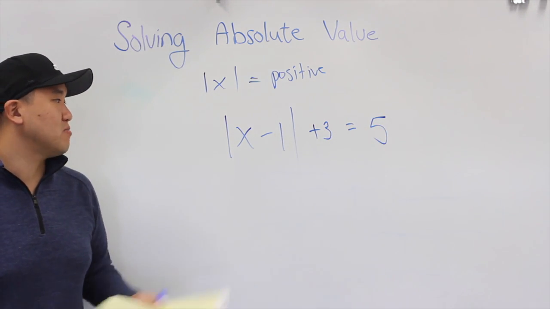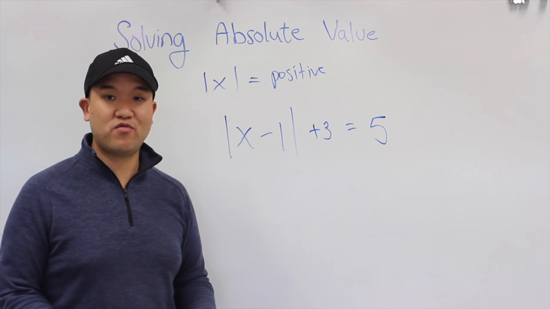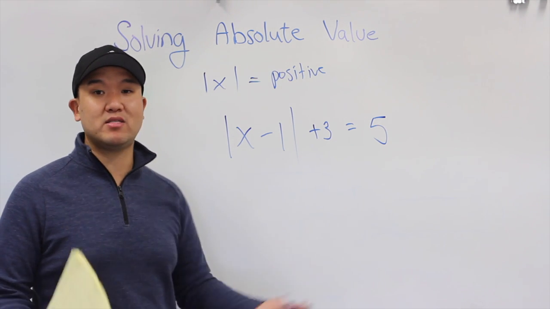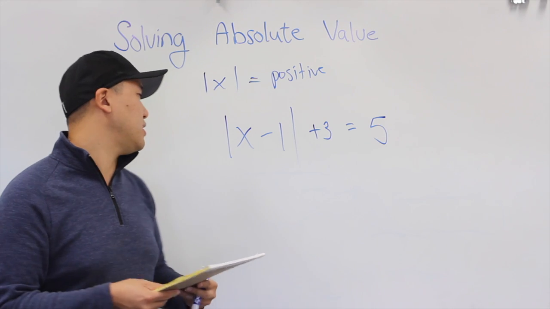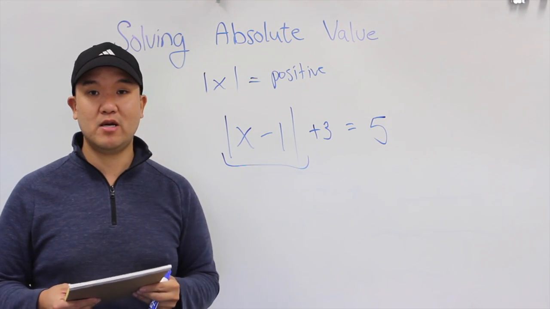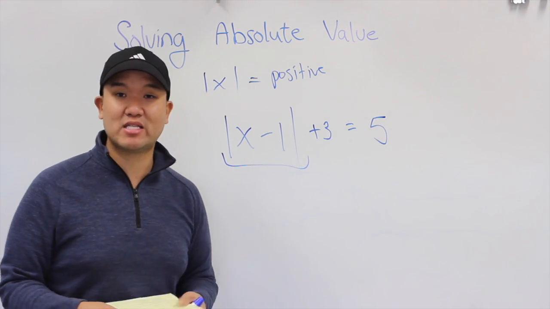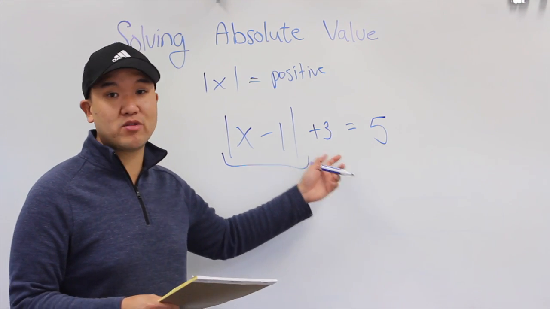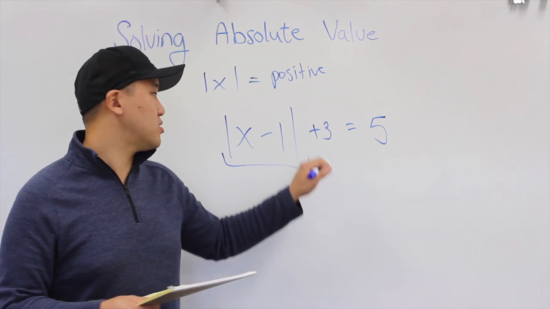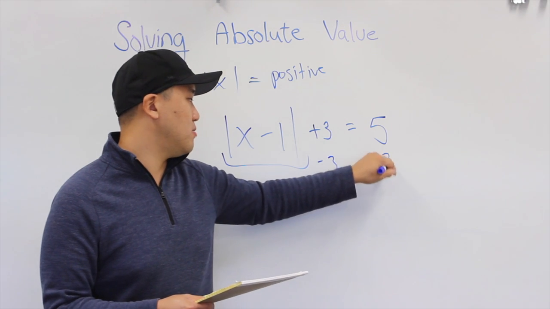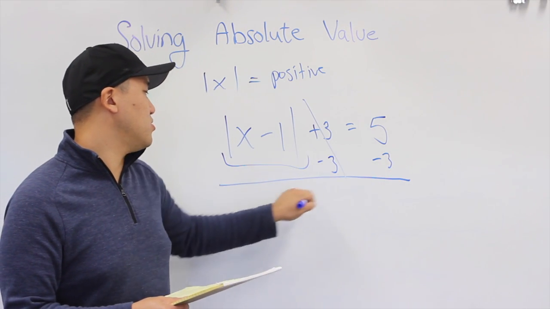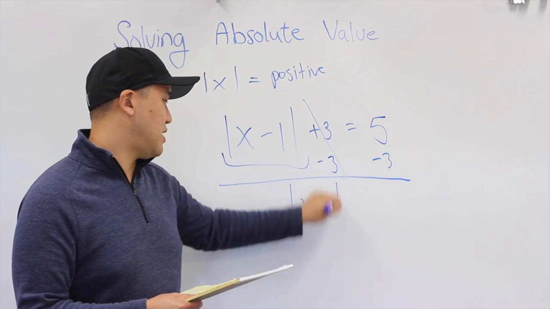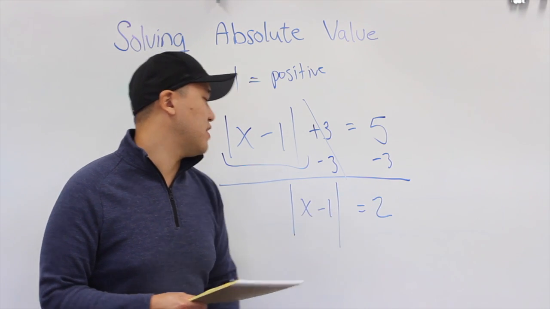So absolute value of x minus 1 plus 3 equals 5. Think of this as a parenthesis, so we're going to do it last. But your goal is to get this guy by itself first. So the question is, is it by itself yet? No, it has a +3. How do you get rid of that +3? You subtract 3 on both sides. That goes away. So the absolute value of all that equals 2.